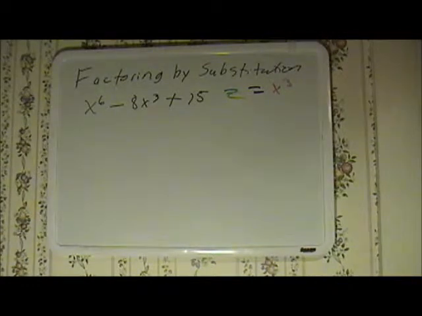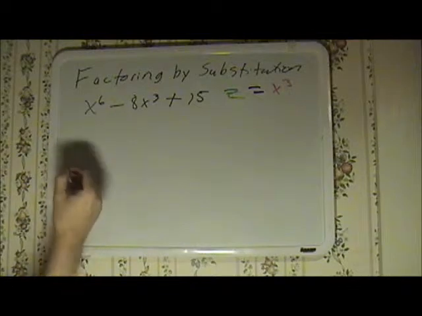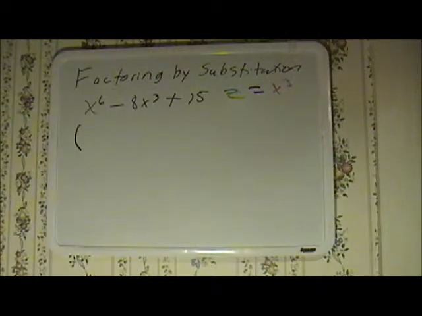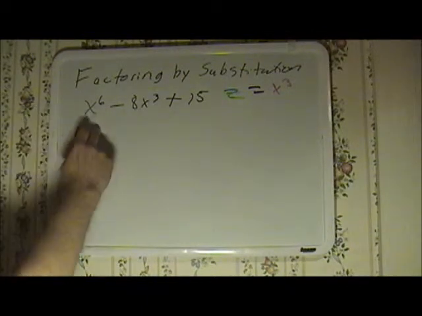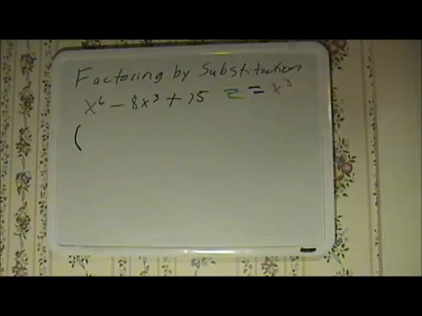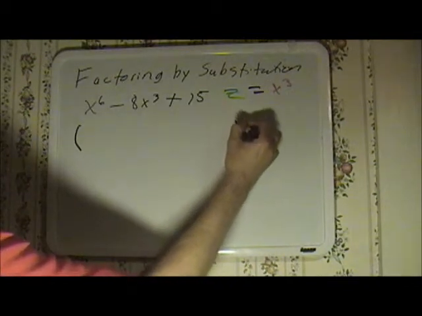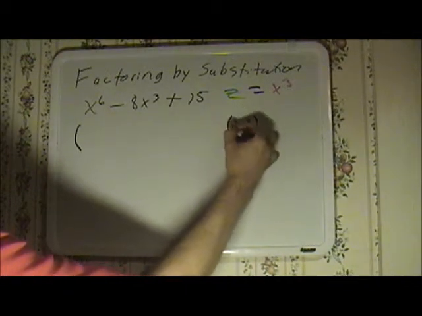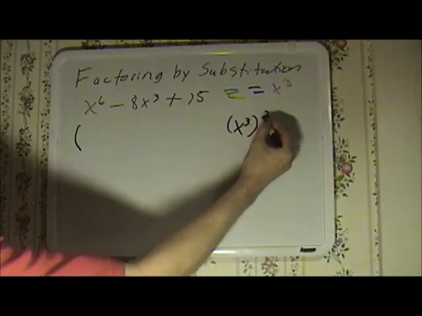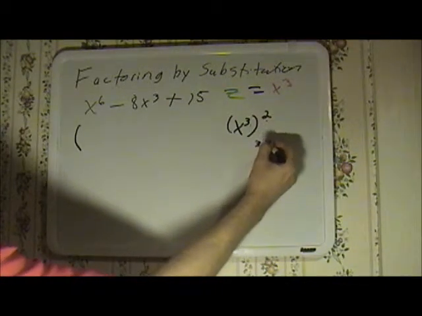So we've set this to equal our lowest factor of x. That means when we rewrite our problem, everywhere that we see an x cubed, we're going to stick a z. Okay, you're saying, look, this is x to the 6th. That's not an x cubed. What do we do about that? Well, remember, because of the power rule of exponents, if we have x cubed and we square that, this is a power to a power, and that's just multiply them together.